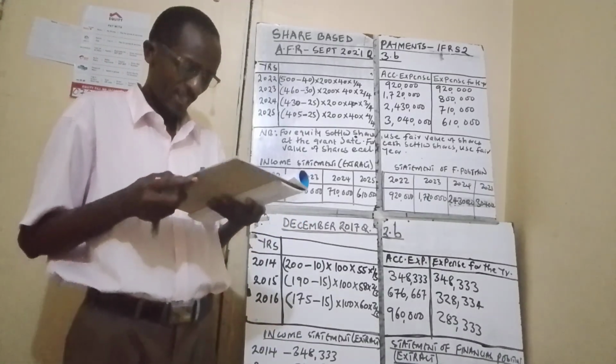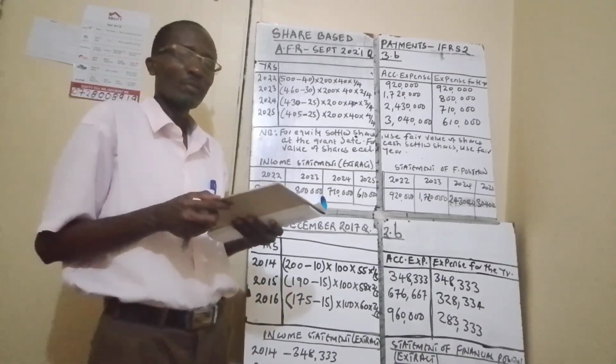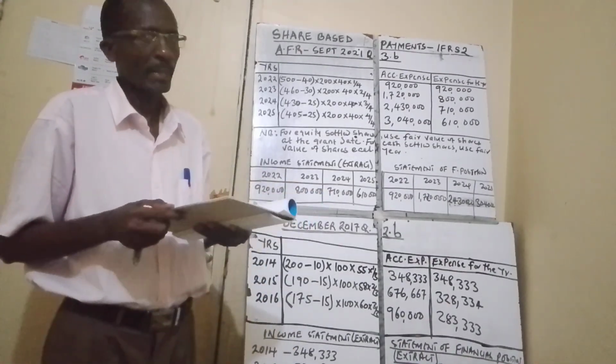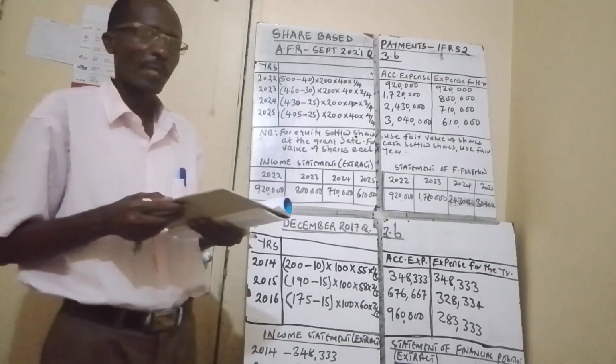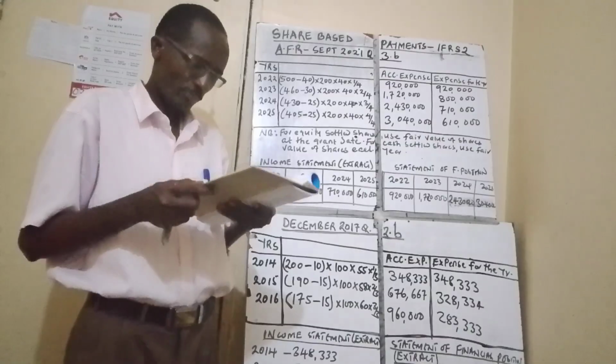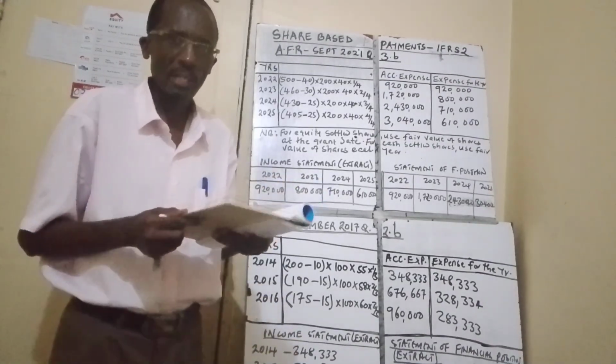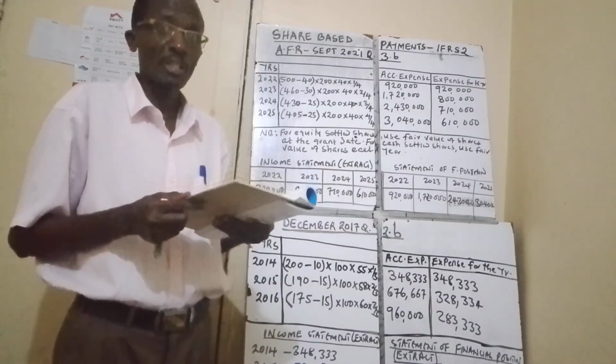Then deferred tax, we have done deferred tax, we have completed that. If you did not attend the class, then you can follow us up in our YouTube. Then employee benefits, we have also covered that. That is IAS 19.